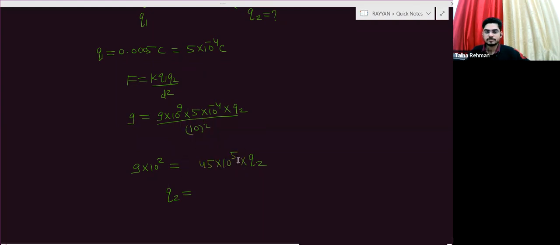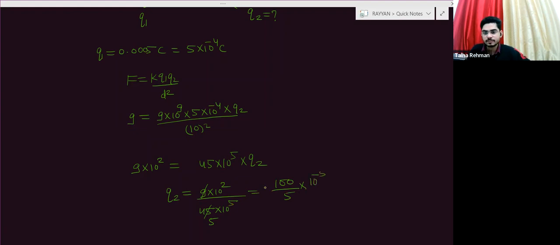Okay, this is Q2, and now we can find Q2. This is 9 into 10 square, and this is 45 into 10 to the power 5, and 9 5s are 45. So this will become 100 by 5, and 10 to the power 5 in the numerator will become 10 to the power minus 5.